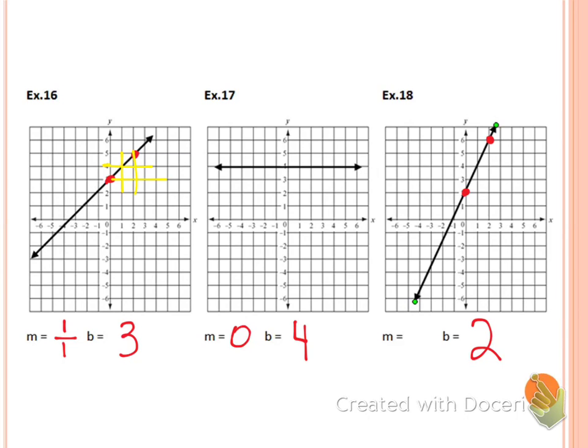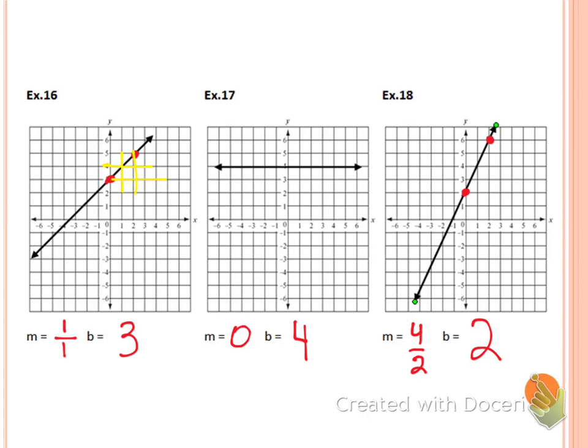So we need to count our rise and our run. Ellie, do you know what our rise and run would be? Rise is 4 and run is 2. Very good. Our rise is 4 and our run is 2, but we notice that that could be simplified to what? 2 over 1.